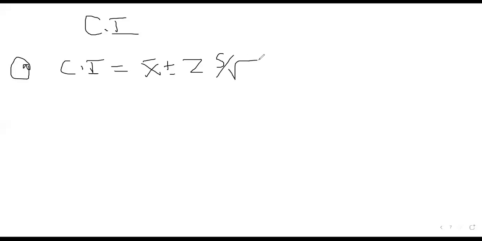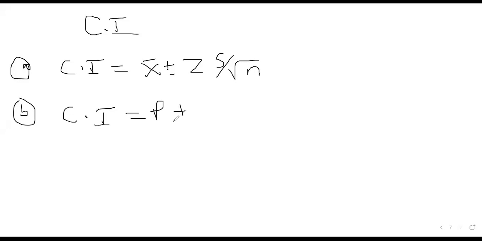Under confidence interval, we also have formulas for one sample. Our confidence interval is equal to the mean plus minus z standard deviation over square root of n. At b, for a proportion, a sample is equal to what?